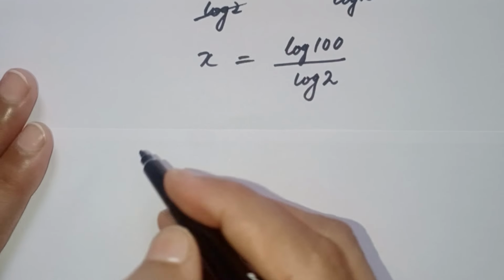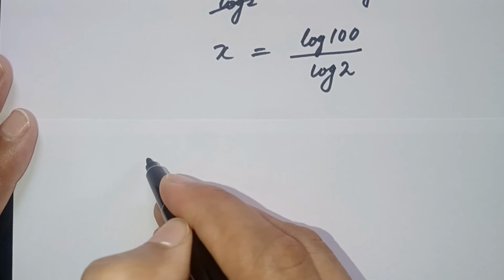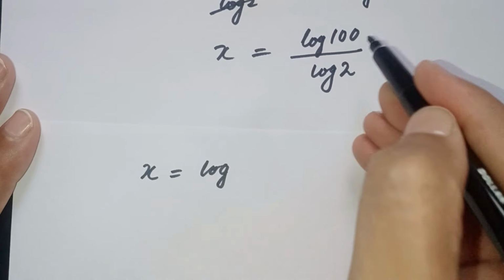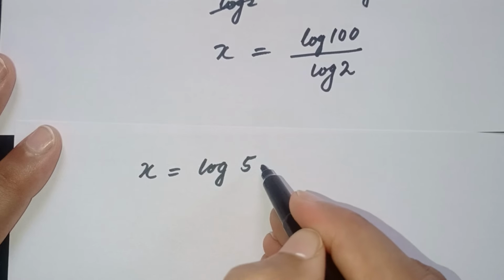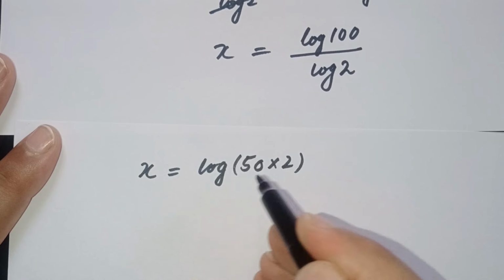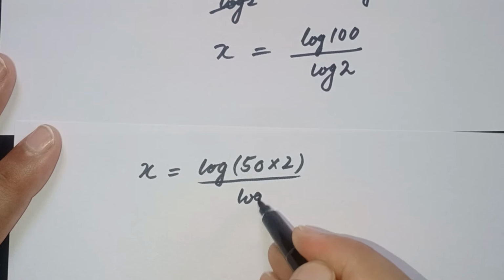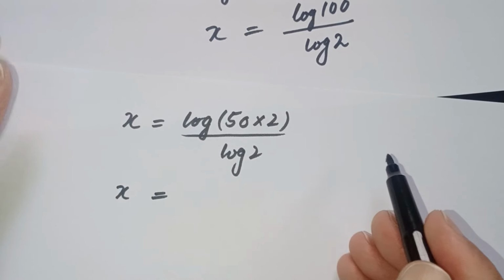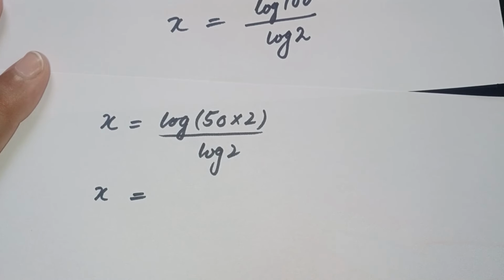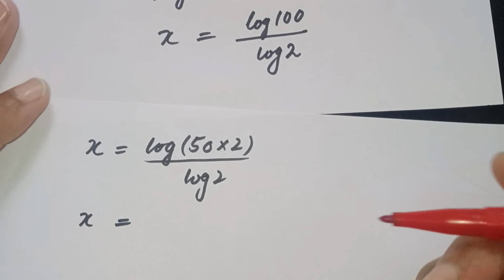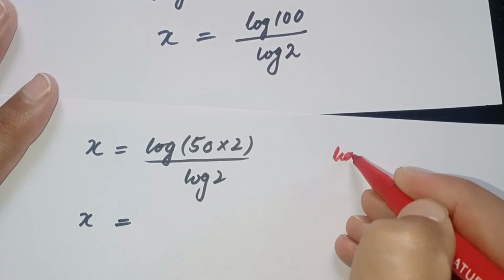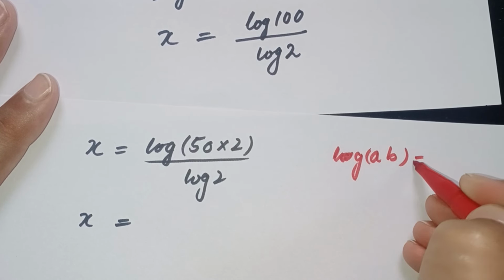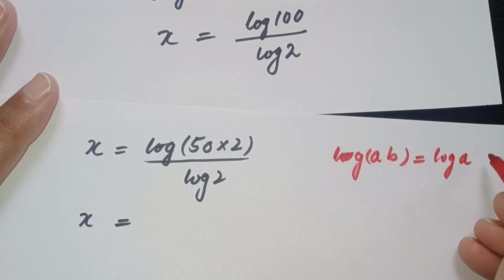So here we have x is equal to log 100, which can be written as 50 multiplied by 2, over log 2. We will use a very well known property of logarithm, which is, if we have log of a b, the product of a and b, we can write this product as log a plus log b.